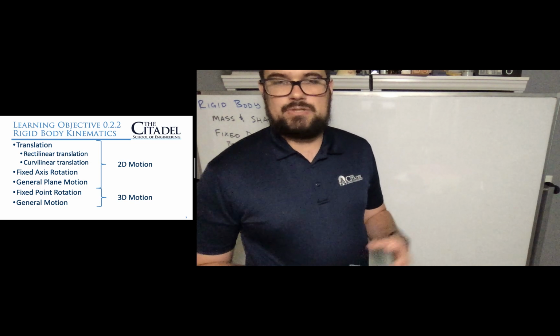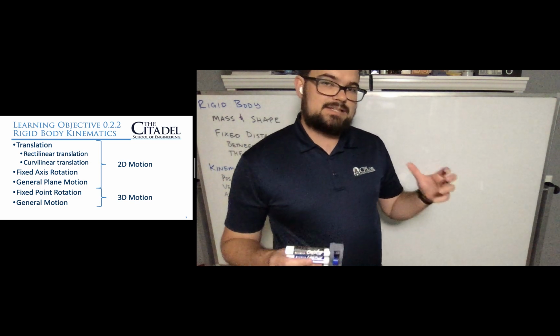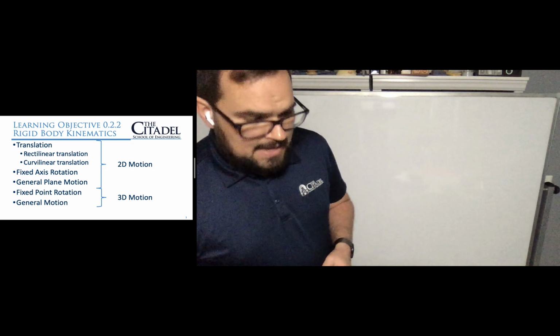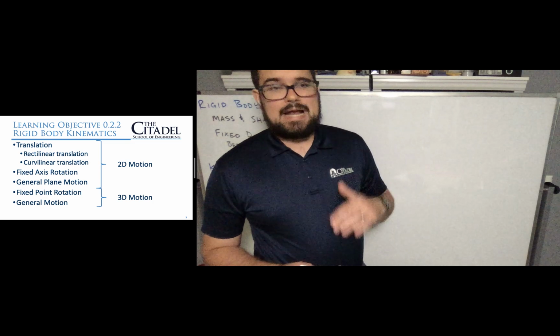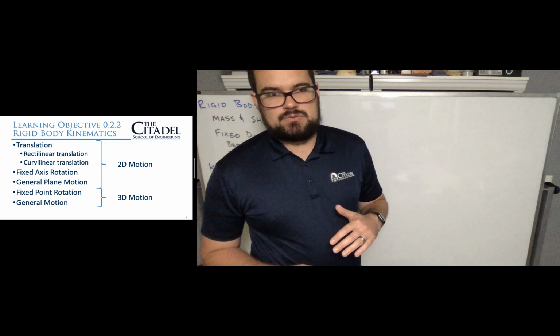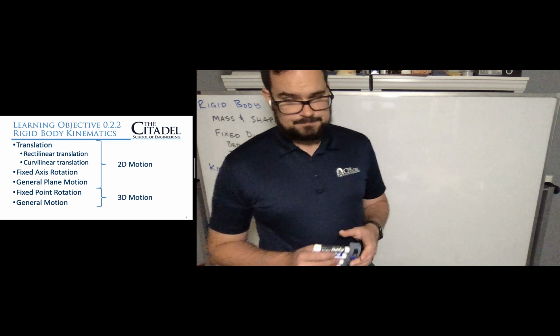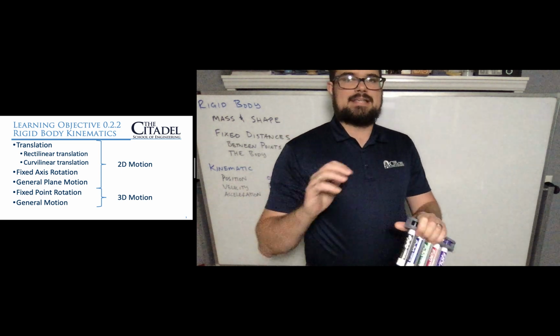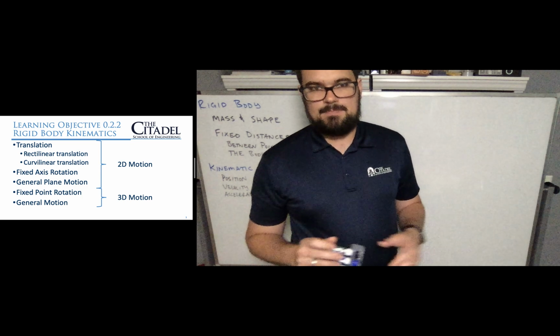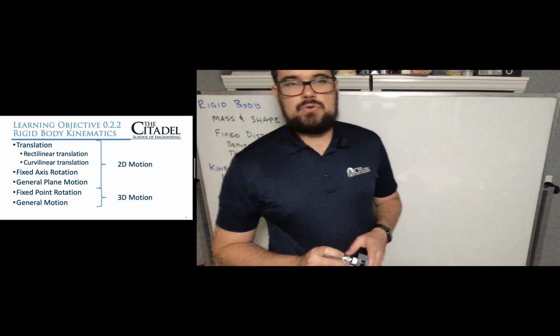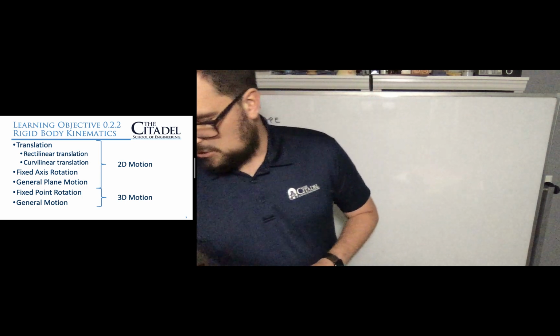So this would be any 2D motion, a combination of translation and rotation. That'll be the extent of what we discuss in this class, but your book actually goes on to talk about 3D motion as well, both fixed point rotation, so objects rotating about a central point, or general motion, so just free-for-all motion. And so those are all valid ways for us to look at these things.